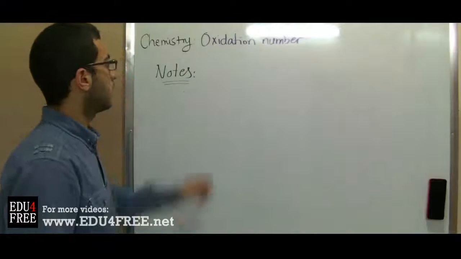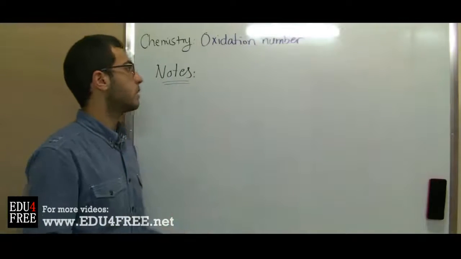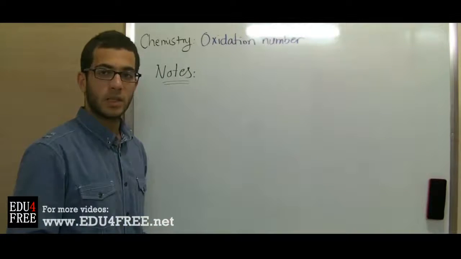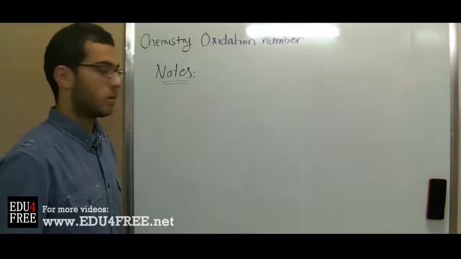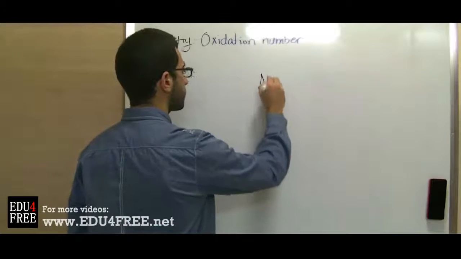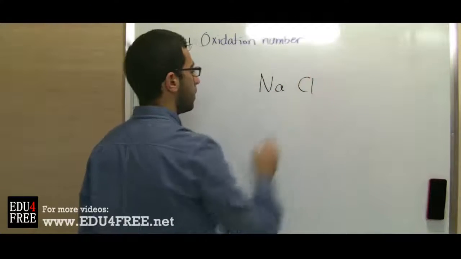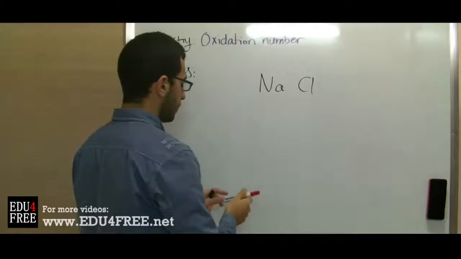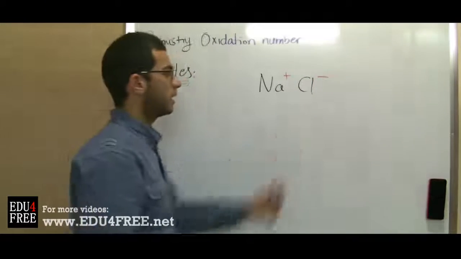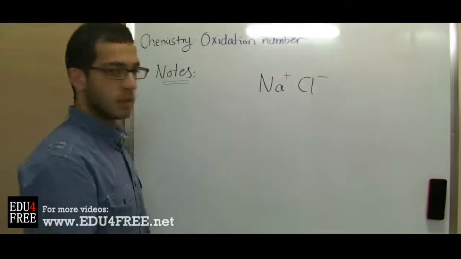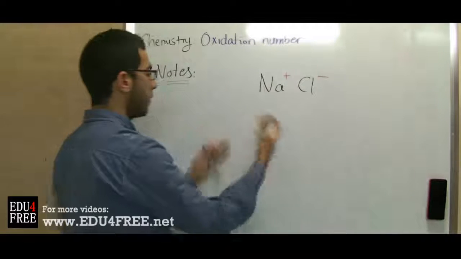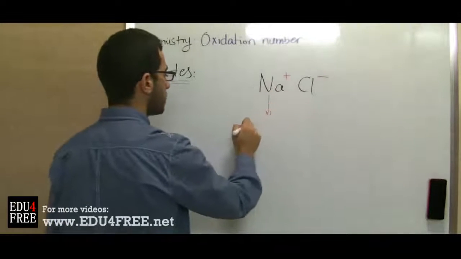Finally, we can say that if we know the oxidation number, this helps us to state the type of reaction that occurred between the elements to form a certain compound. For example, in sodium chloride, here sodium lost an electron and chlorine gained an electron. So the process of losing an electron and becoming a positive ion, this is called oxidation.